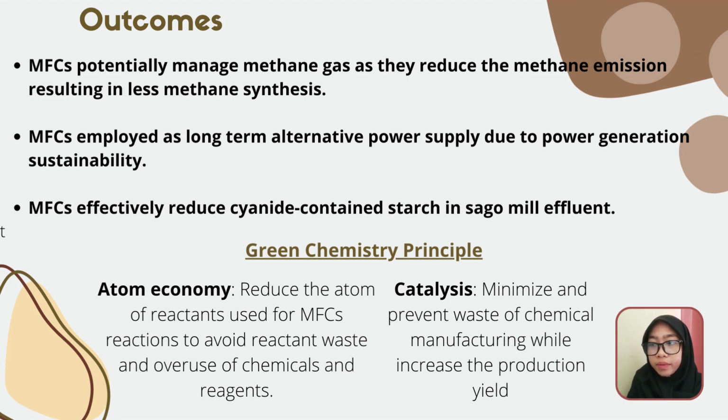The second related principle is catalysis. Catalysis principle's primary goal is to minimize and prevent waste of chemical manufacturing. The benefits of using catalysts include requiring lower activation energy and reducing the toxic separation and processing reagents used. The use of catalysts certainly will increase the production yield and reduce the usage of chemical substances in the operations.